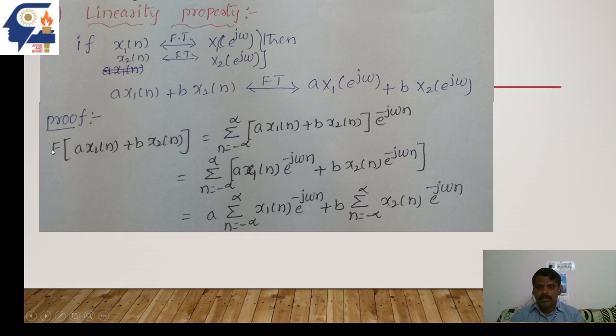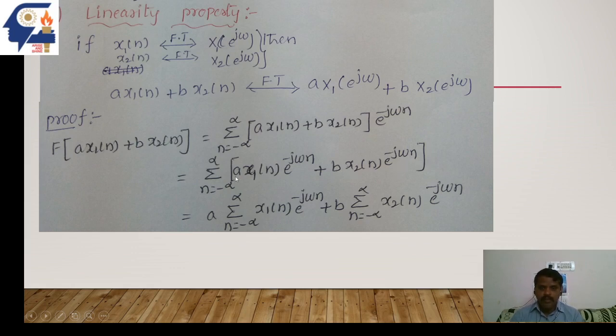Proof. The Fourier transform of the given signal is summation n equal to minus infinity to plus infinity, given signal, e power minus j omega n. Now send the summation symbol and e power minus j omega n inside, we will get summation n equal to minus infinity to plus infinity a into x1 of n e power minus j omega n plus b into x2 of n e power minus j omega n.